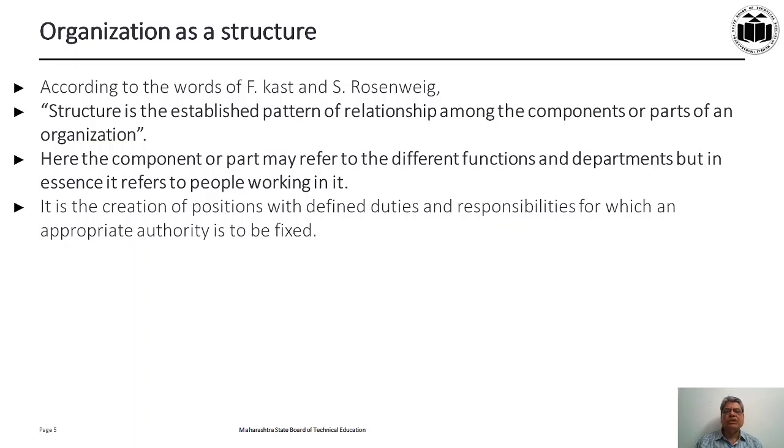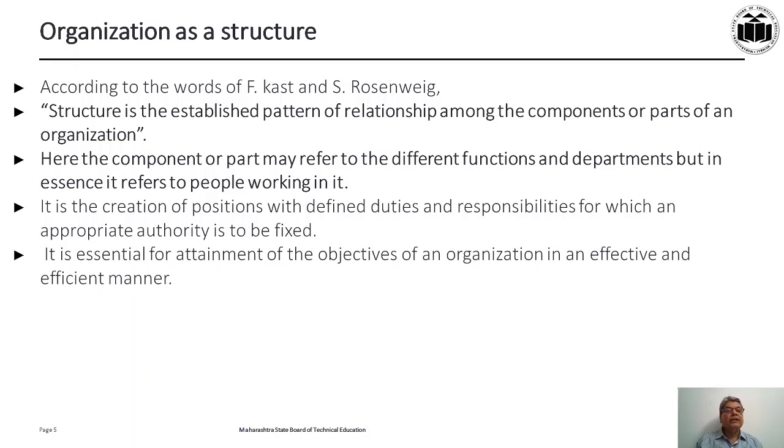Unless authority is given to that person to work on those activities, he will not be able to do that. It is essential for attainment of the objectives of an organization in an effective and efficient manner. So if you want to carry on the activities of the organization in an effective and efficient way, and if you want to attain the objectives, then you have to create such a structure, create the positions, give responsibilities, and give the authority.